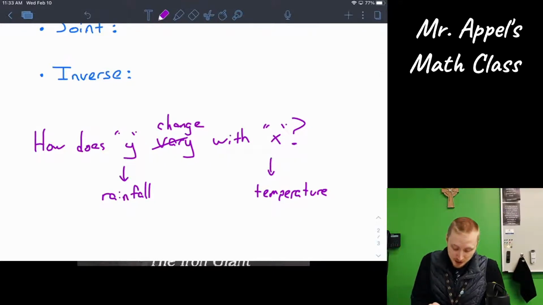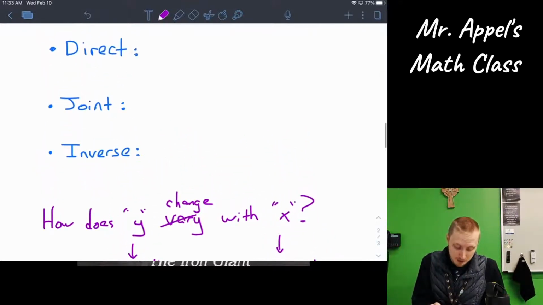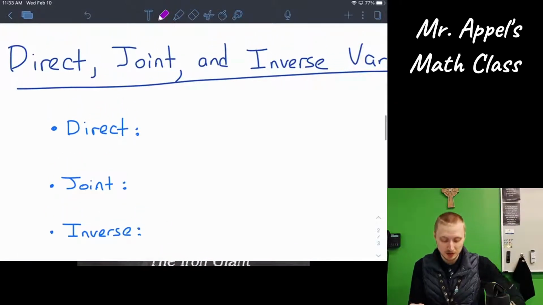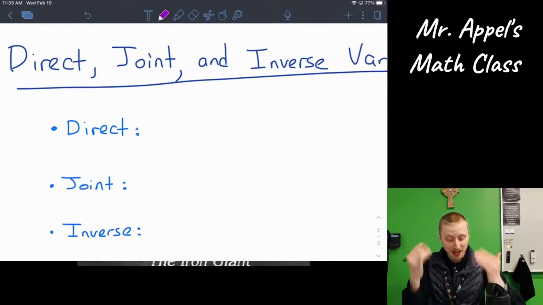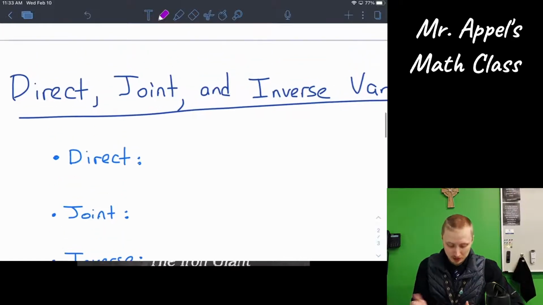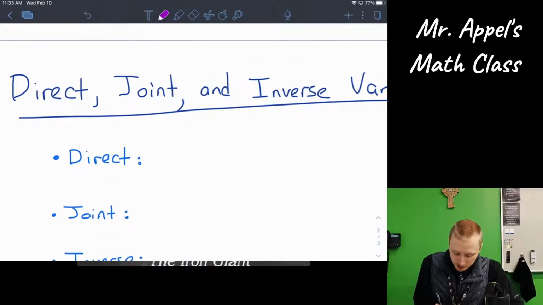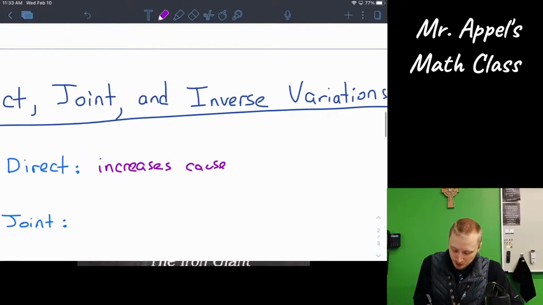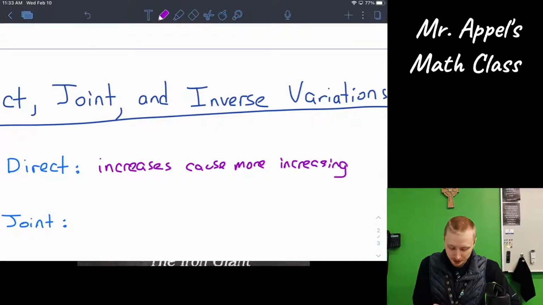And so we have our 3, really 2 types of relationships. There's the direct variation, okay? And that is increases cause more increasing, right?